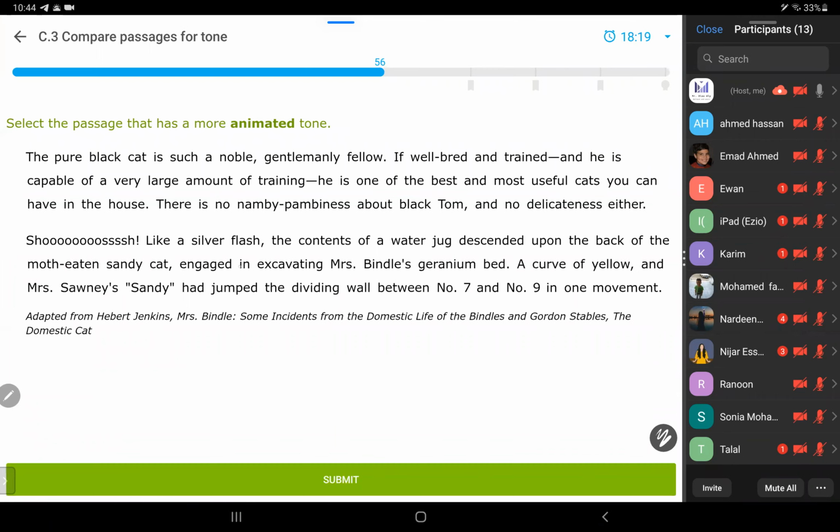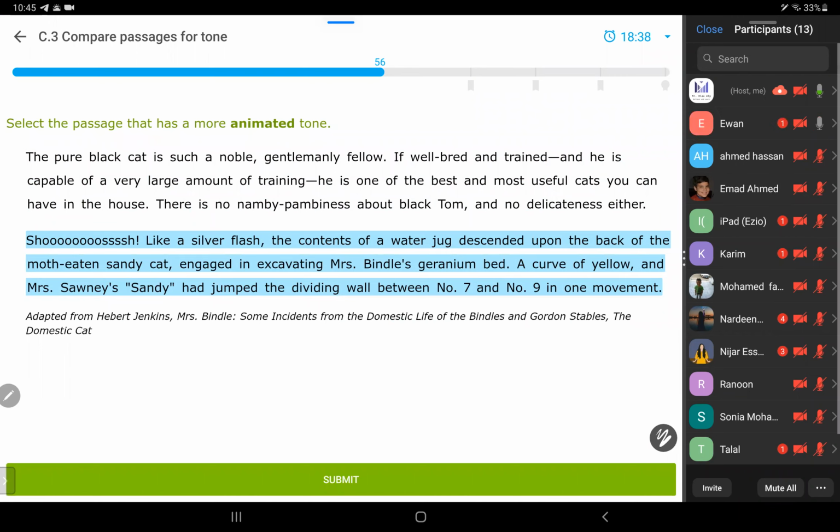Okay, guys, we will have two different passages, and then we will decide which one of them is kind of animated. What does animated mean? Like full of movement, lively, has a spirit in it, not dull, and you will not see words like death, for example. So it has life in it. Which one is more alive?